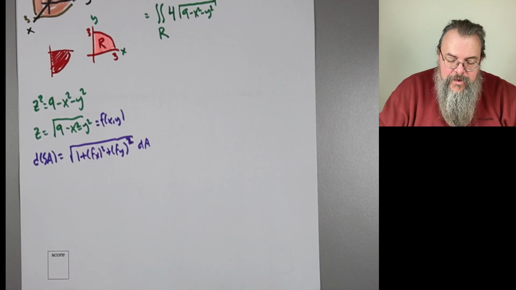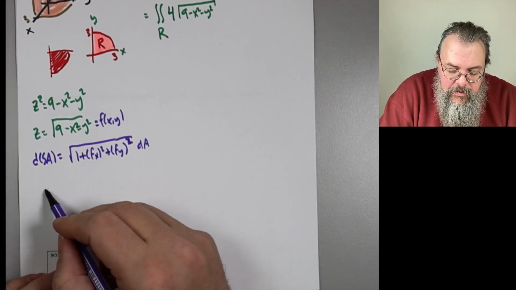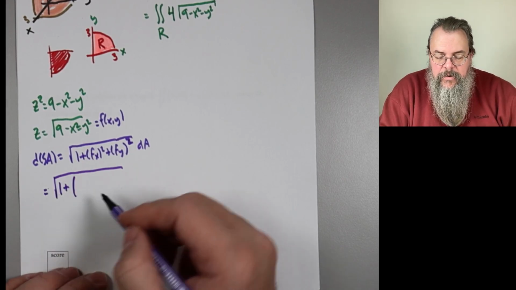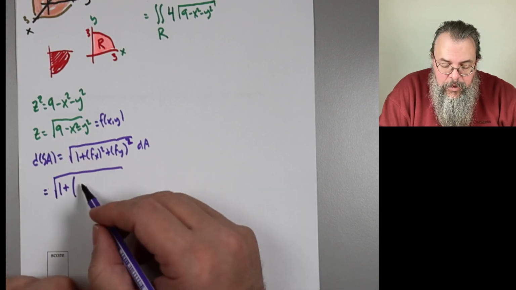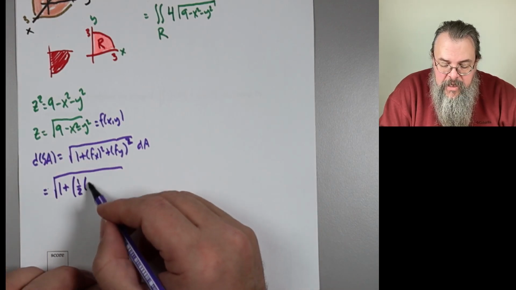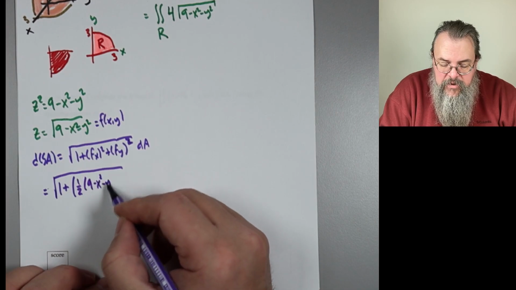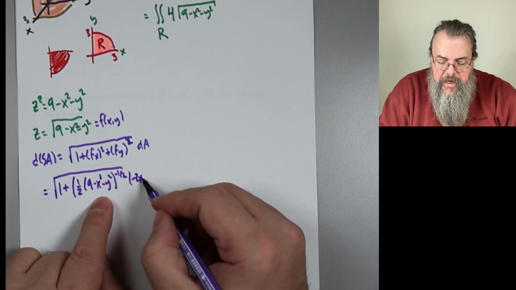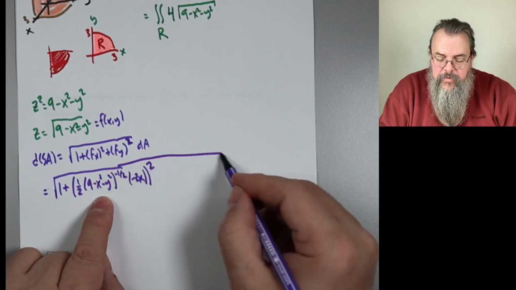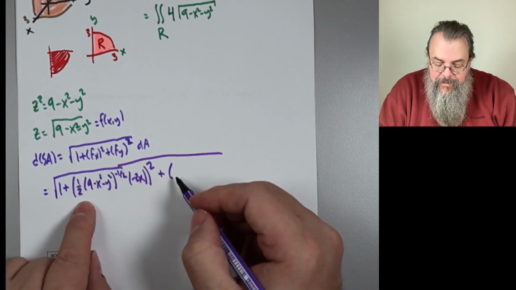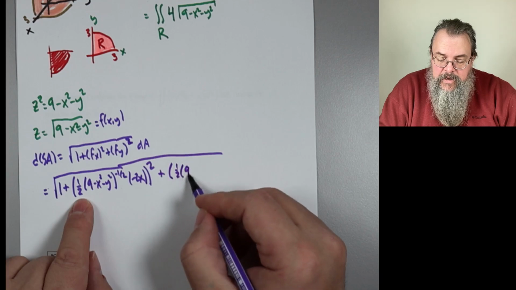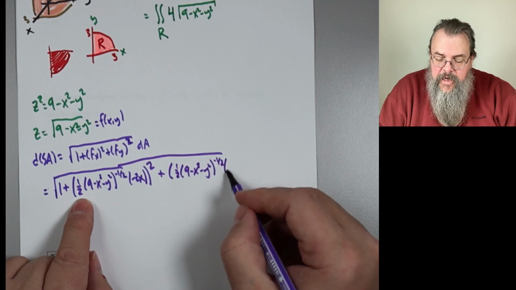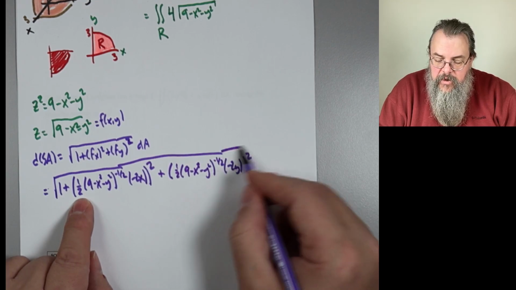All right, so in our case, this will be the square root of 1 plus. Now, if we take the derivative with respect to x, we get 1/2 times 9 minus x squared minus y squared to the minus 1/2 times the derivative of the inside, which is minus 2x, squared, plus, same thing, f sub y, 1/2 times 9 minus x squared minus y squared to the minus 1/2 times minus 2y, squared.